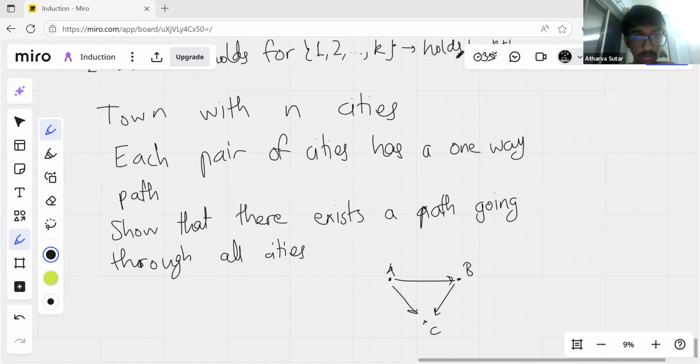Nikhil, what do you mean by they are adjacent? Okay, sure. So I'll give you a few minutes to try this. One-way path means in this example you can only go from A to B. You can't go from B back to A.